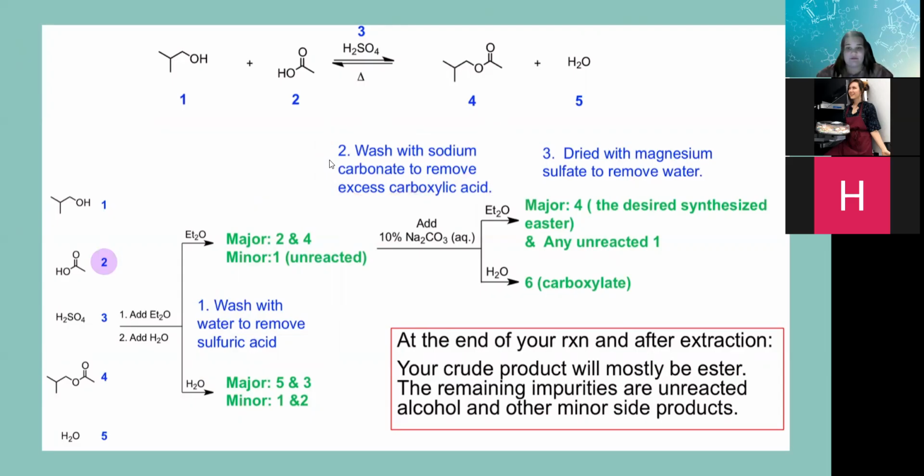Base removes acid. Makes sense. Then you're going to have hopefully most of your ester at this point. If you don't have most of your ester, the other option would be some carboxylate. Then you just dry it with magnesium sulfate, and that's going to remove your water. So just make sure you review this slide. It's super duper important.